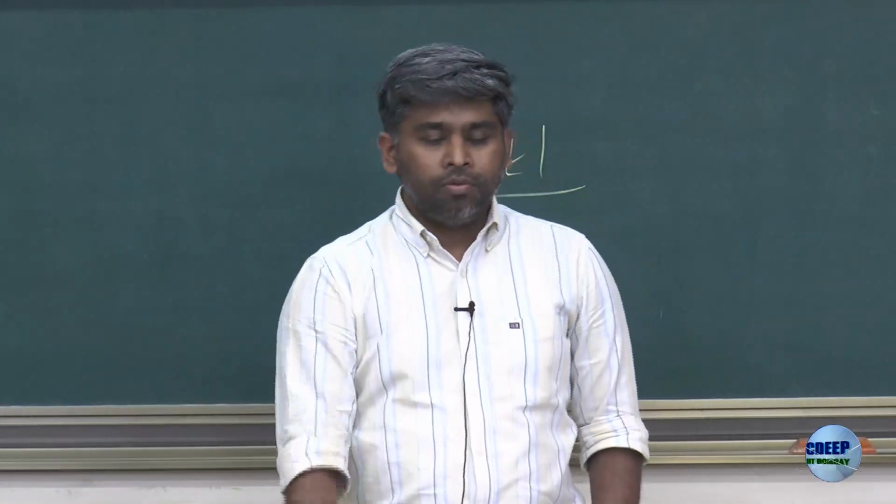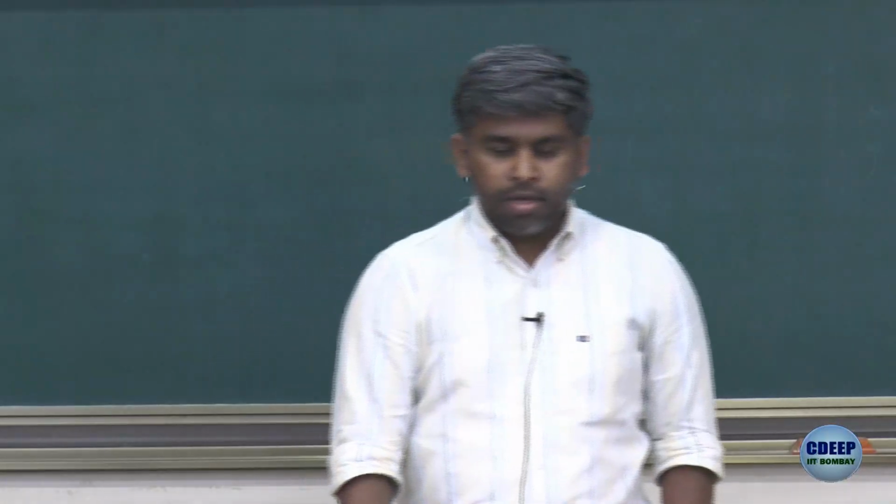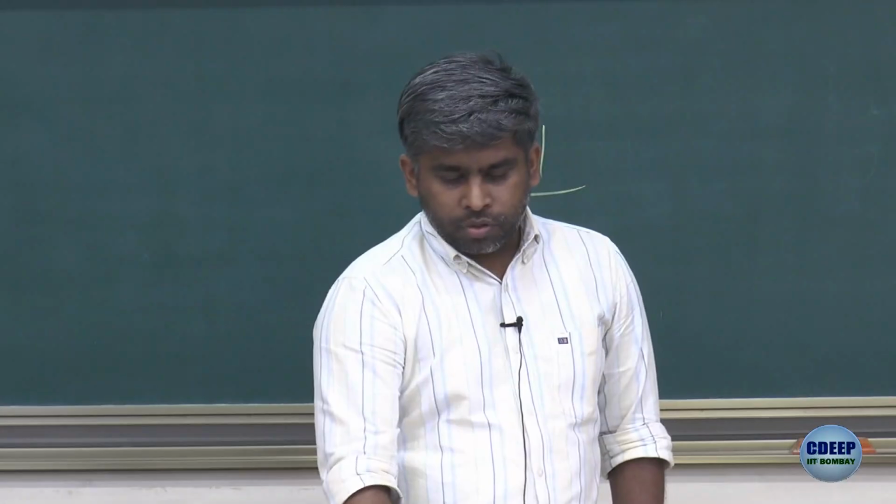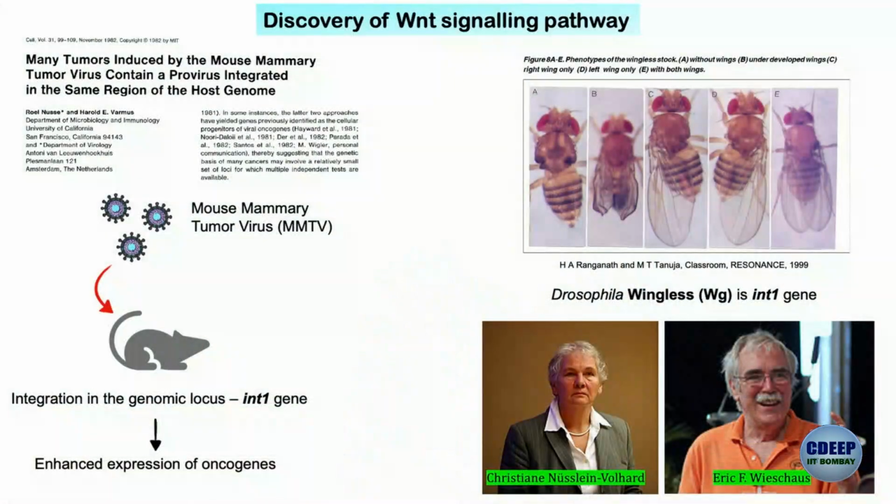So what these people did, there were two scientists. I do not know if I missed their names. One is Christiane and then this Eric. Both of them won the Nobel Prize in 1995 for the discovery of this Drosophila wingless gene.